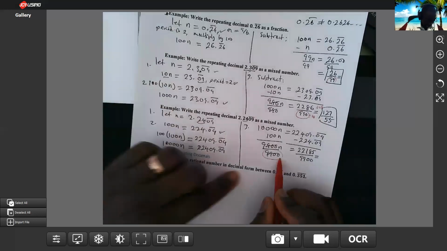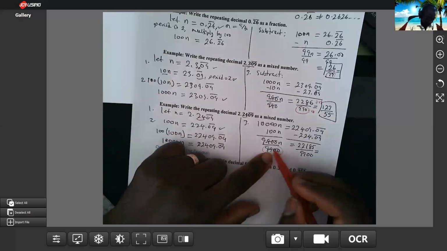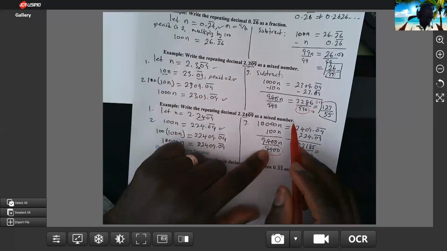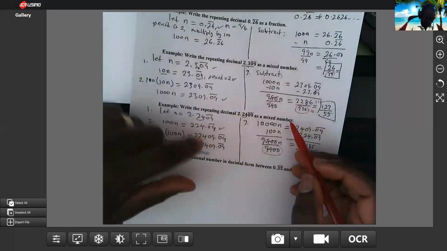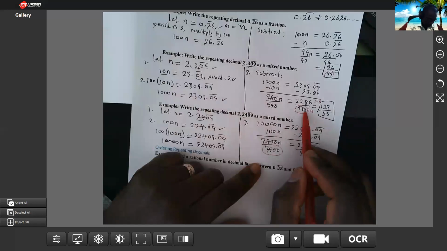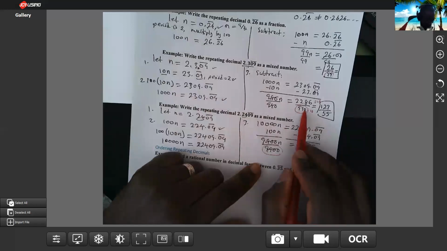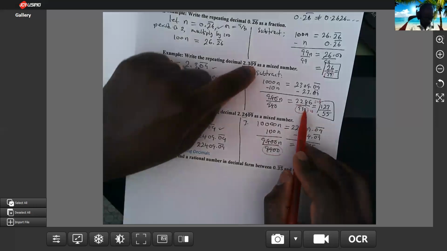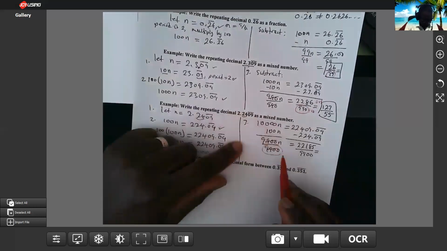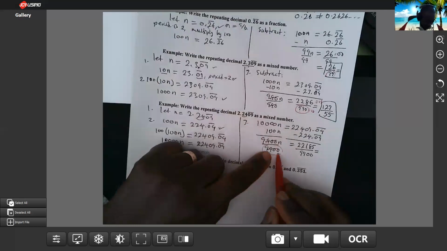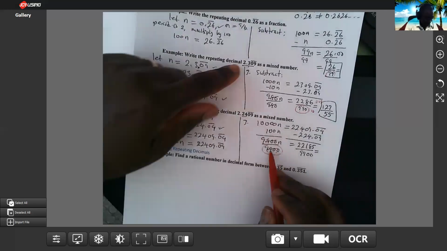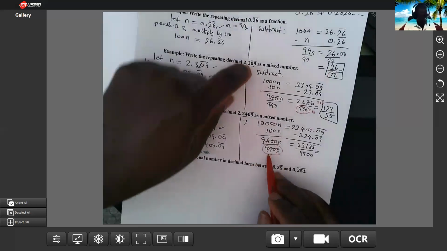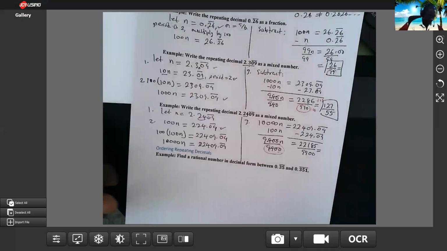Look at the pattern and just compare the last two. 990 is 10 because there's 1 digit that comes before the repeating part. Here there are 2 digits, so you get 99 and 00. So the number of zeros that we add to the denominator is equivalent to the number of digits that come before the repeating portion of the decimal.